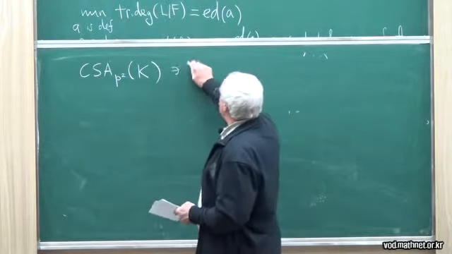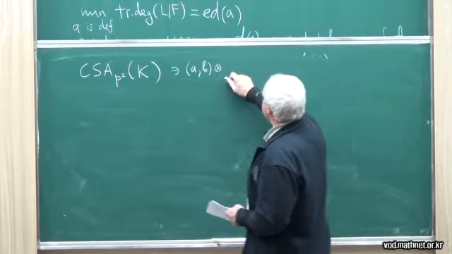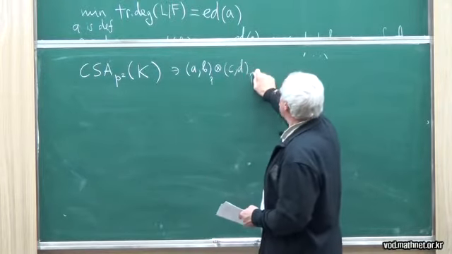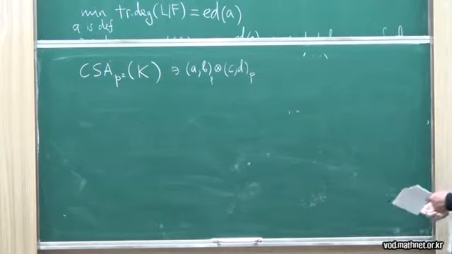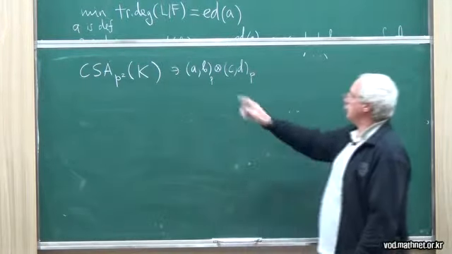These contain A, B, the tensor product with C, D, of two cyclic algebras. And then you can ask whether every algebra in this class is of this form.